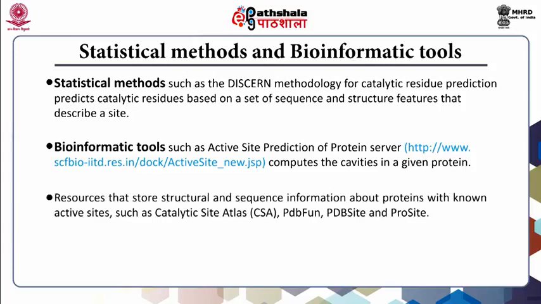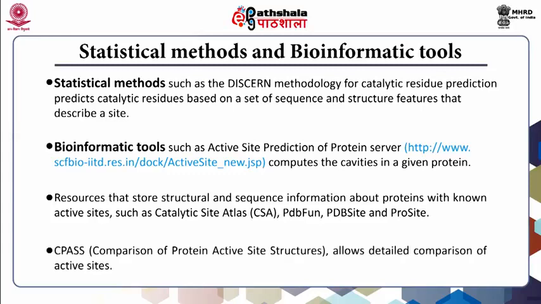Apart from the above, there are many sources that store structural and sequence information about proteins with known active sites, such as Catalytic Site Atlas, PDB-Fun, PDBsite, and PROSITE. CPAS, which is the comparison of protein active site structures, is a modern database technology which allows detailed comparison of active sites.